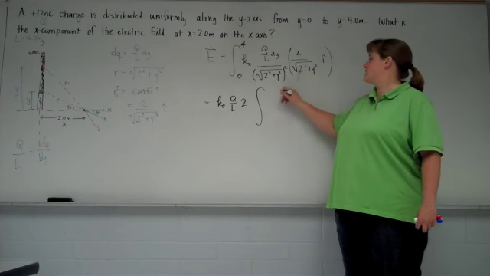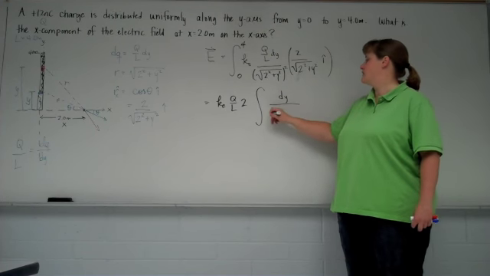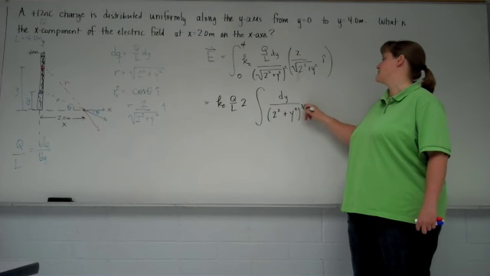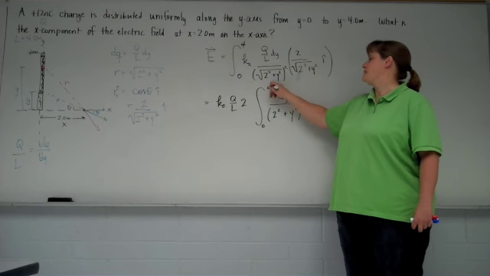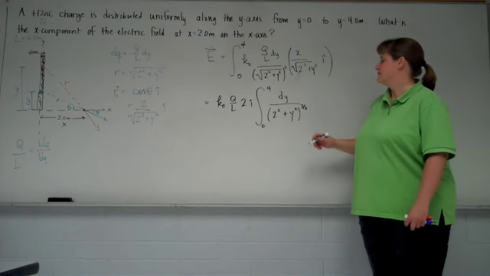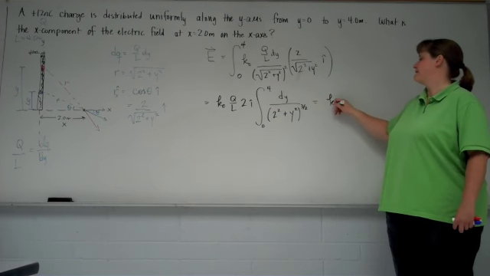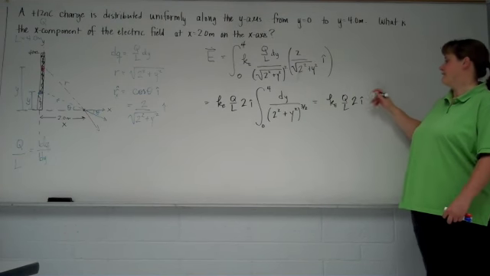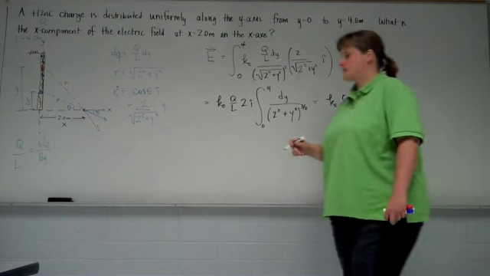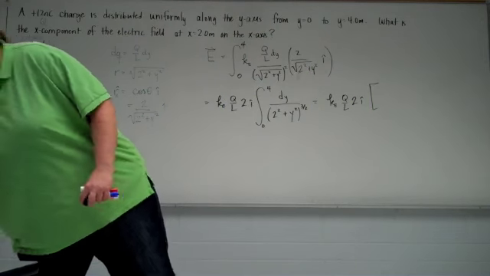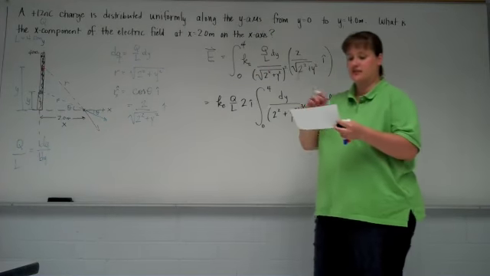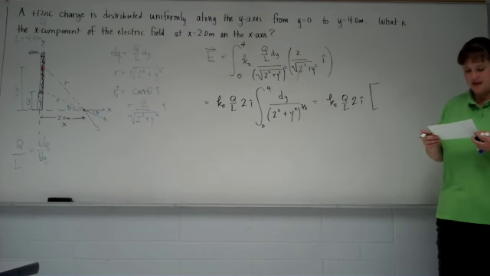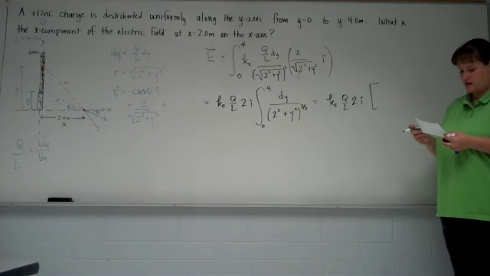That leaves us with the integral of dy over the quantity of 2 squared plus y squared to the 3/2. This integral, on the integral table, just think of your x's as y's, because y is the variable, and the 2 is the a.